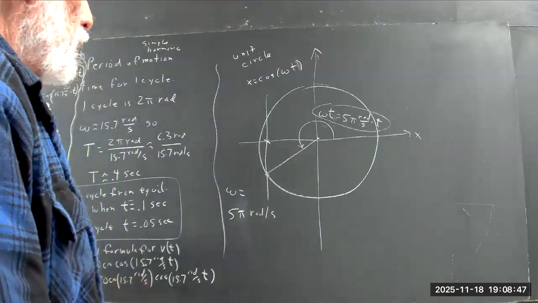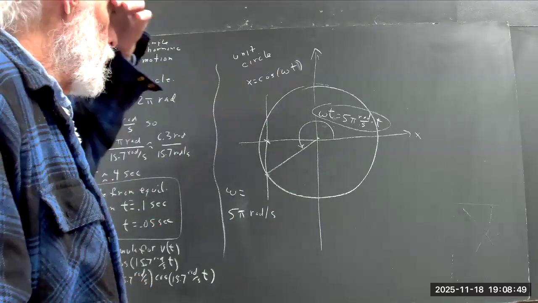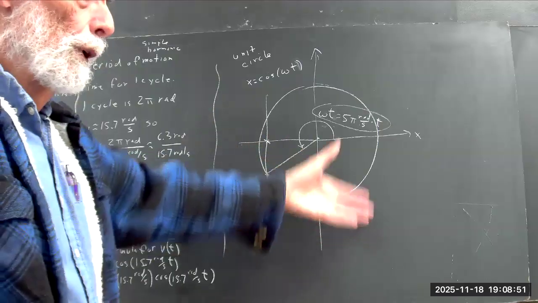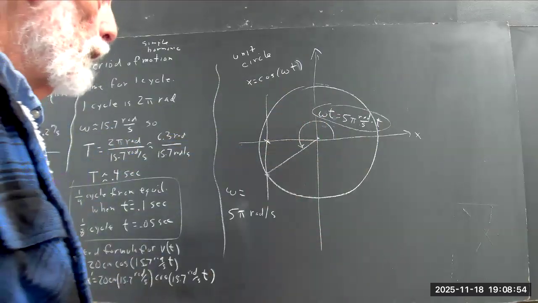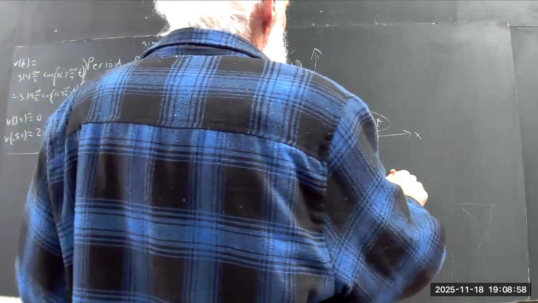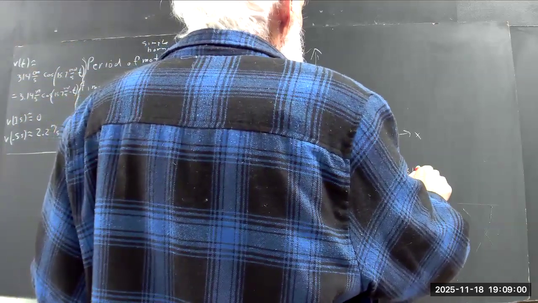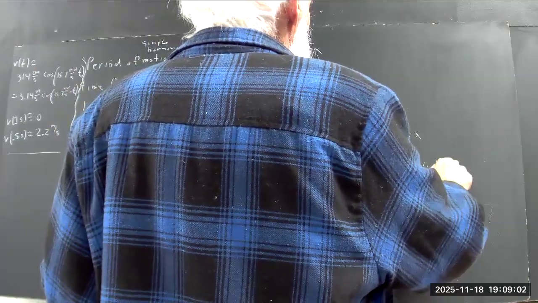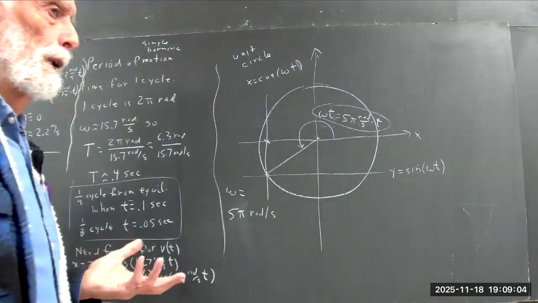Well, x equals cosine of omega t, because we know the circular definition of the trig functions. X would be cosine of omega t. Y would be sine of omega t.